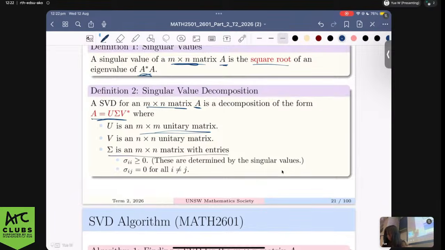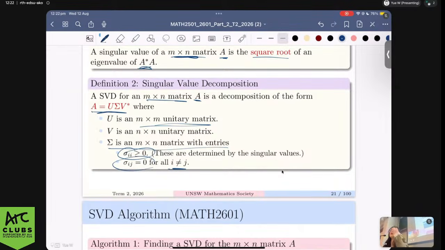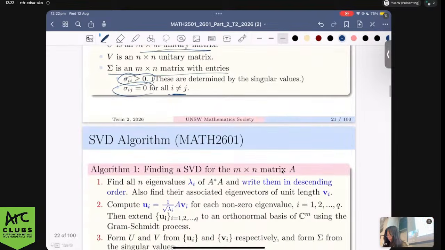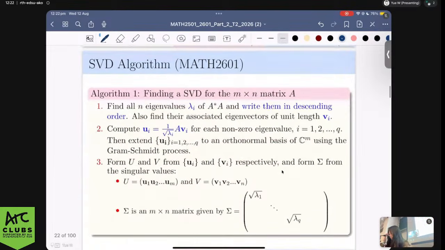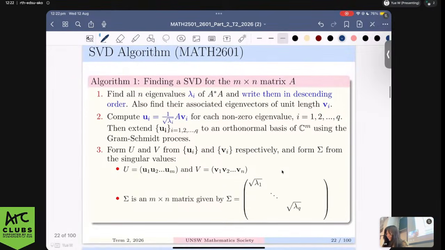And sigma here is an m by n matrix of the singular values, where whenever i is not equal to j, obviously you'll have the entry 0. I think the best way is to go to an example to make it clearer.